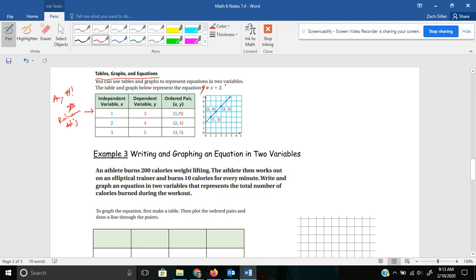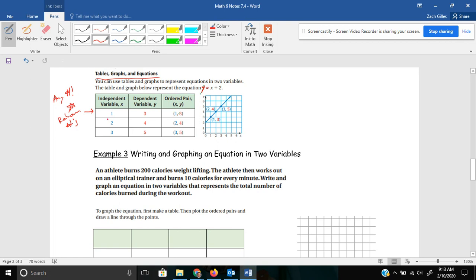As long as you're doing math right, it shouldn't matter. A lot of times using 0, 1, 2, 3 are really nice independent variables to choose. So if you chose 1, 1 plus 2 is 3. That's how they got 3 here. And then they wrote their ordered pair 1, 3, over 1, up 3, and they plotted it.